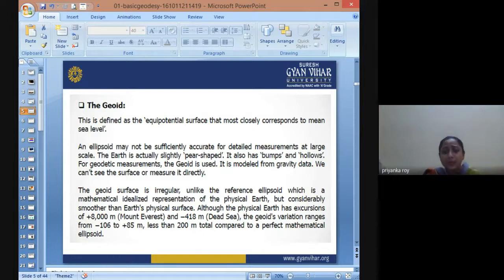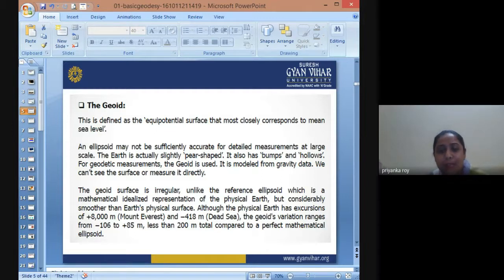Although the physical Earth has an excursion of about 8,000 meters, that could be the height of Mount Everest, it is more than 8,000 meters, and the depth of the Dead Sea or an ocean floor can be minus 400 meters or 418 meters.